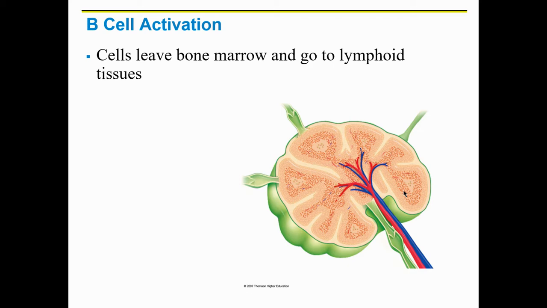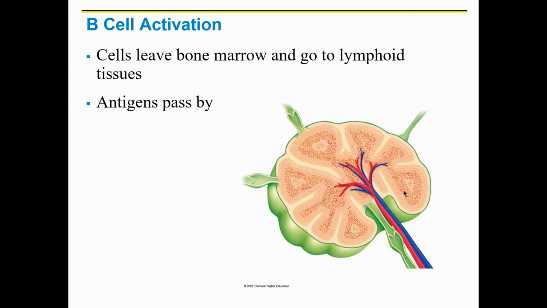Those immunocompetent cells then leave the bone marrow and go to lymphoid tissues, and they basically just sit there and wait. What they're waiting for are antigens to pass by. If you look at the lymphatic system, we have this fluid which has been out in the tissues, and the fluid travels through the capillaries and then the lymphatic collecting vessels and finally enters a lymph node.